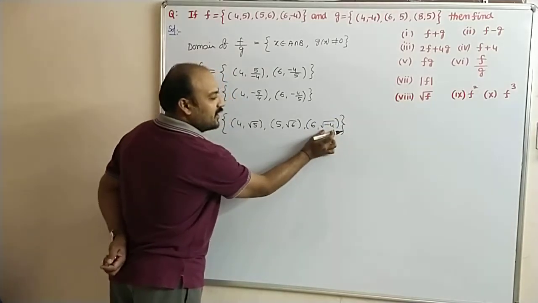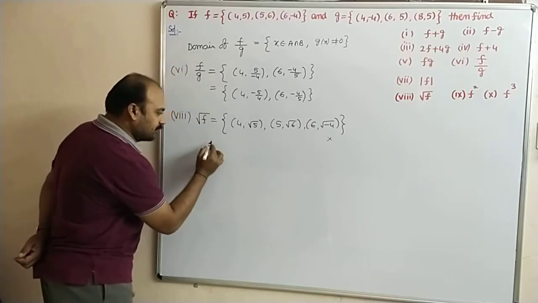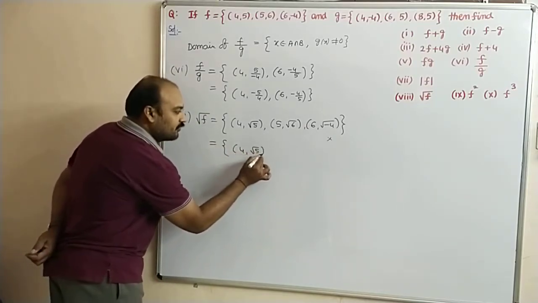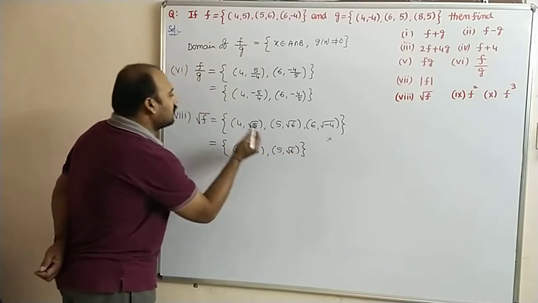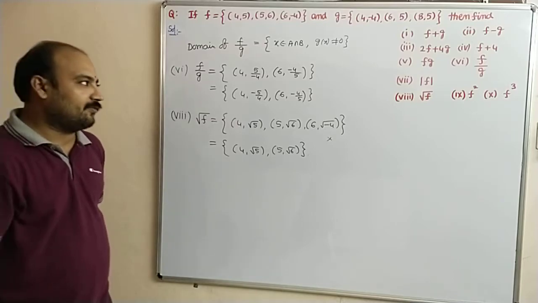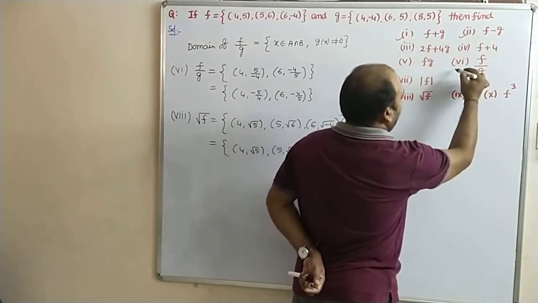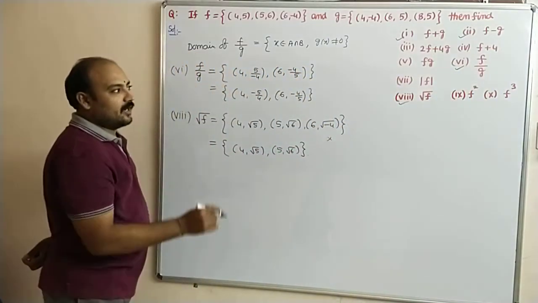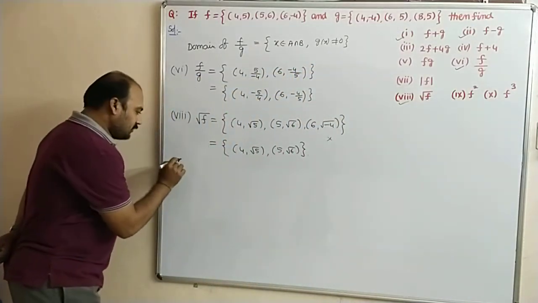We know that root minus 4 cannot exist, so you can cancel it in the next step. You cannot write it. So 4 comma root 5, 5 comma root 6. That's all, f by g and root f. So we completed this question, this one and this one. The rest of them one by one we will write. First I will finish these two, 9 and 10.